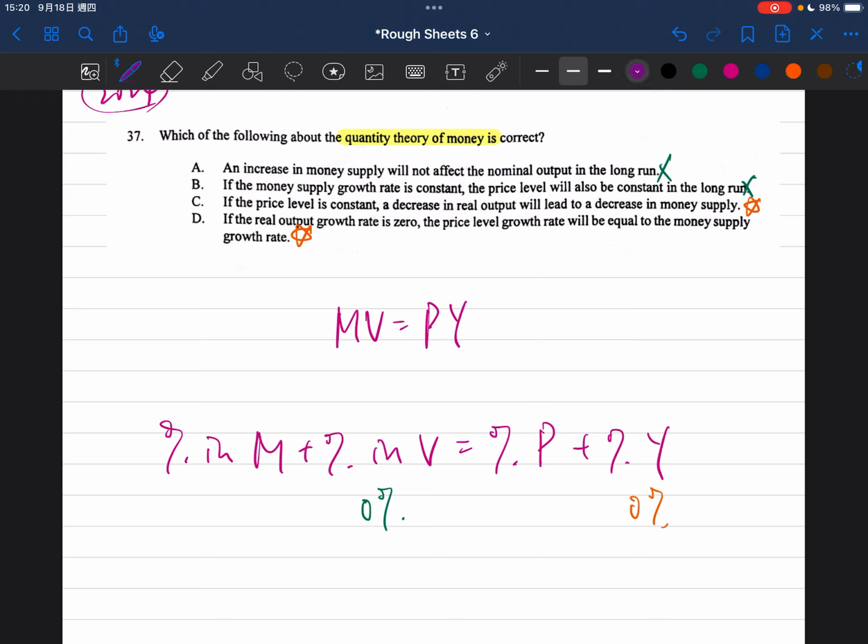The fact is, option C is not the correct answer, because although it satisfies the equation, one of the points we always miss is that in the quantitative theory of money, we have to consider the sequence, which should be this one occurs first, and this one affects this one, but not the opposite. Yeah, let's think of some examples.